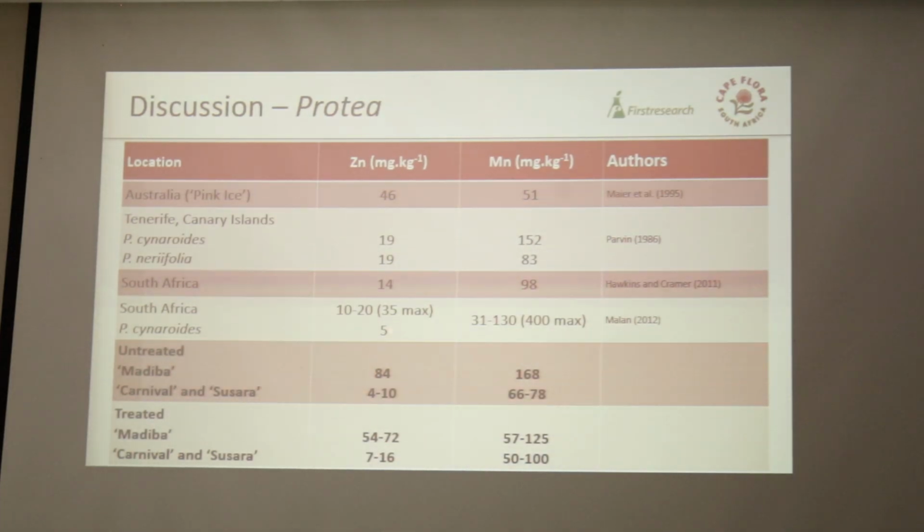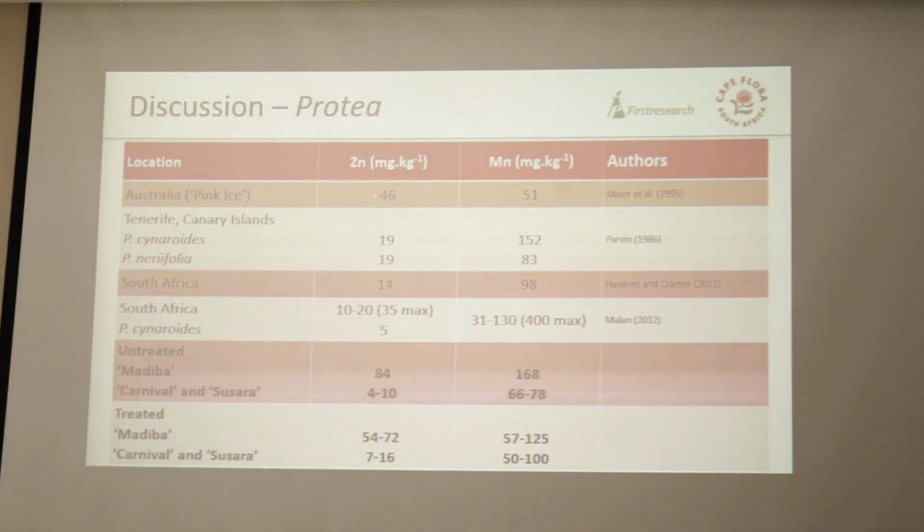And that 7 to 16 seems to be more in the range. There was a 46 for Australia pink ice, so that was also quite high if you compare it to the others. And then for manganese, Australia there also not as high as we've found.